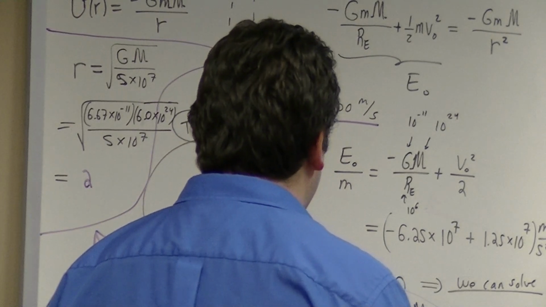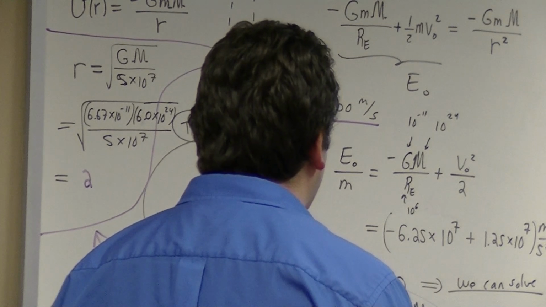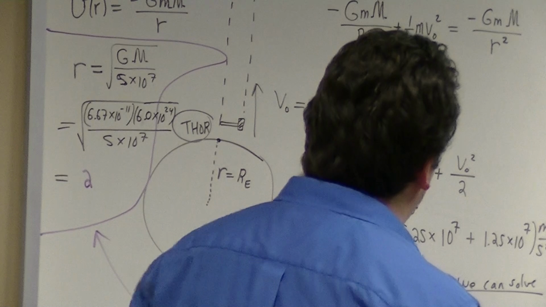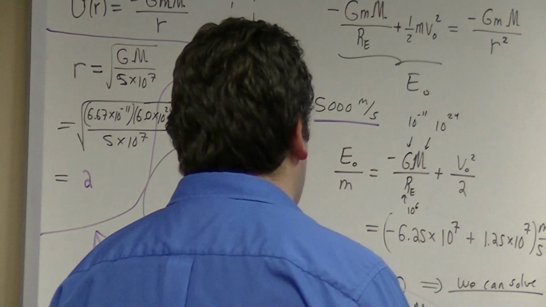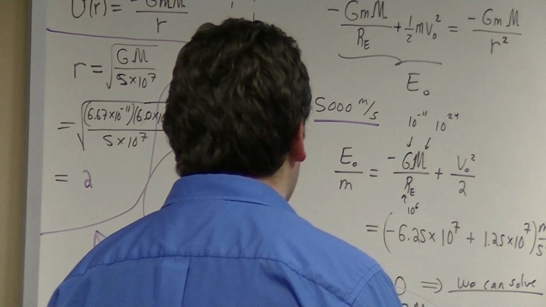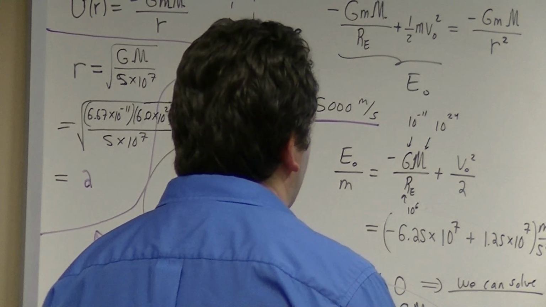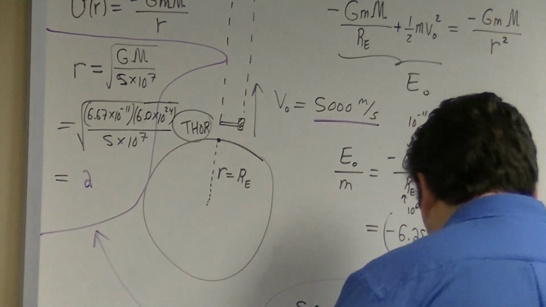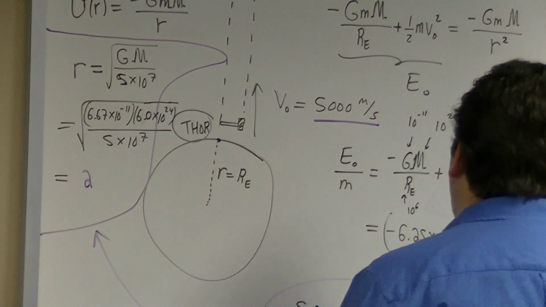No, I divided by m because we don't know m. We don't care about it. What is the minus G M m over R squared? What does that represent? Gravitational potential. Oh, goodness gracious, guys. So this is the other mistake you guys make.